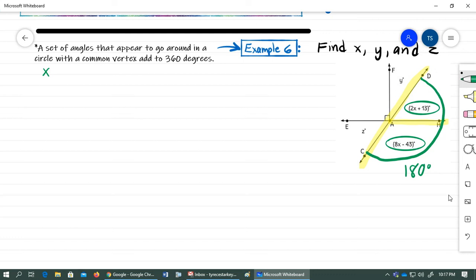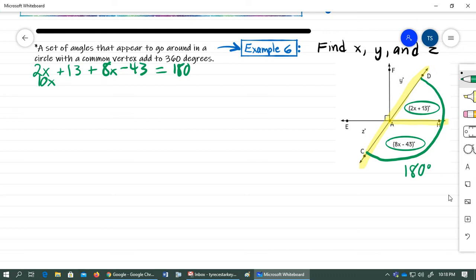If we use our angle addition postulate to write that out, those two angles should add together, and when you add them together, they should be equal to 180 degrees. So that's 2x plus 13 plus 8x minus 43, and those two angles add to give us 180 degrees because they're a linear pair, they're supplementary. 2x plus 8x, combining our like terms on the left side, that's 10x.